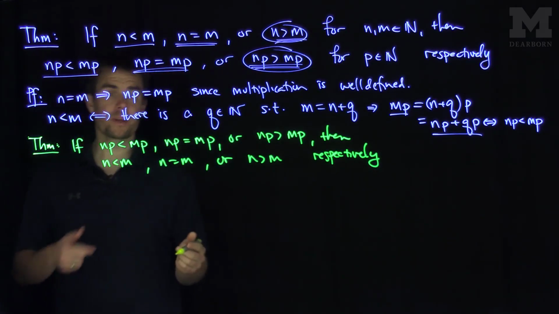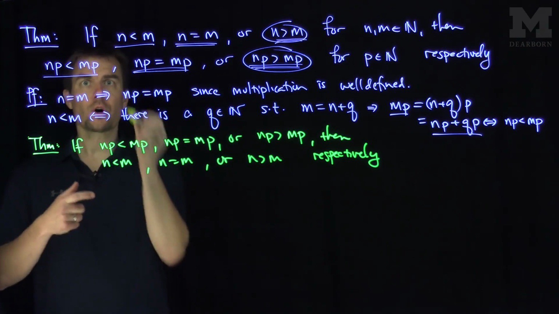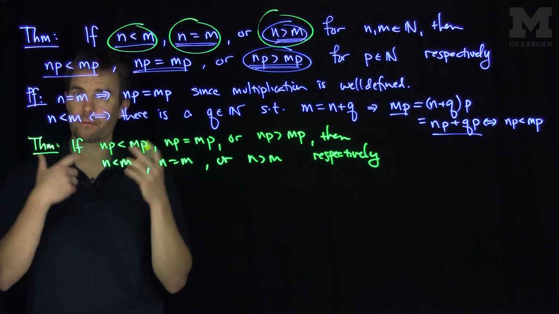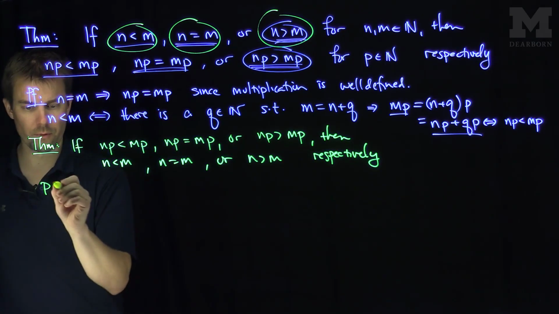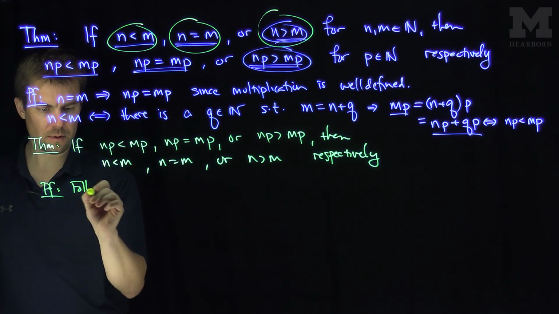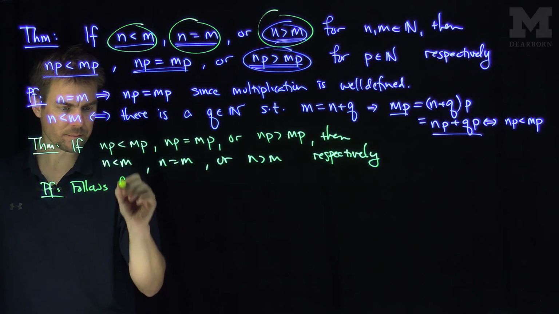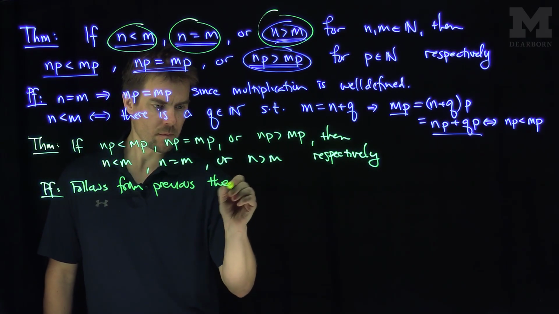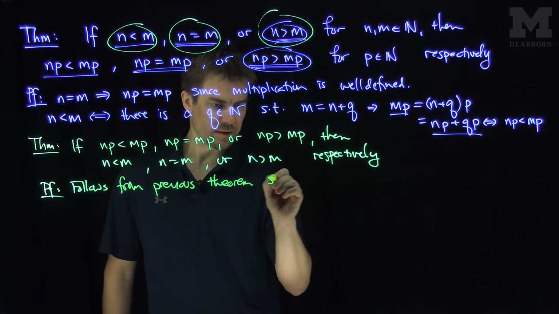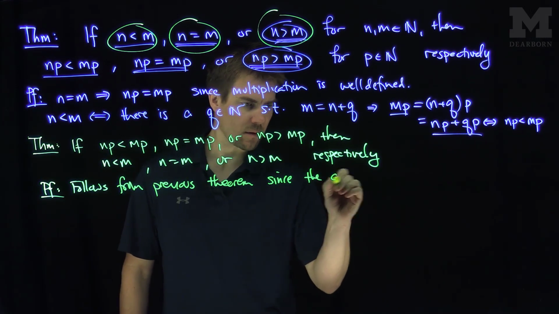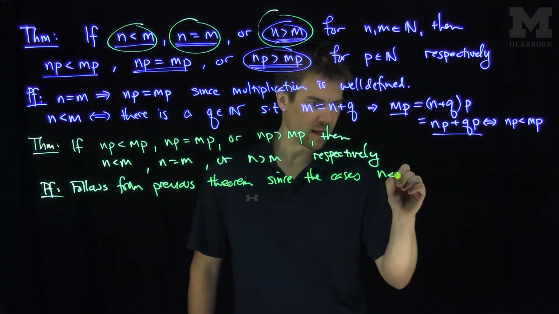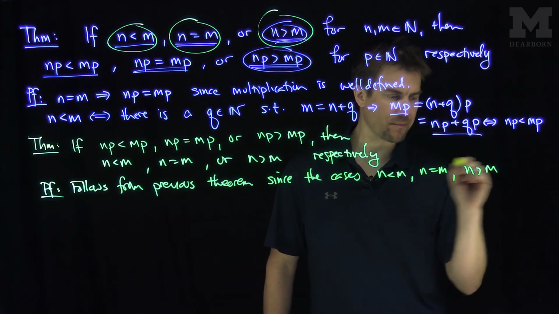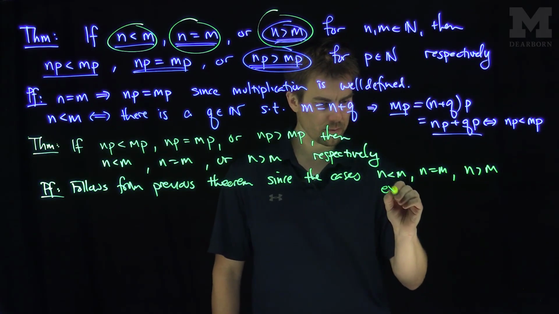The proof of this follows from the previous theorem, since the cases n less than m, n equals m, and n bigger than m exhaust all possibilities.